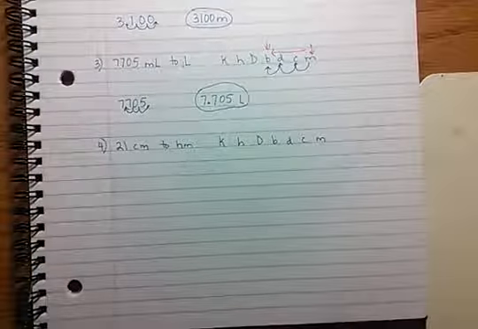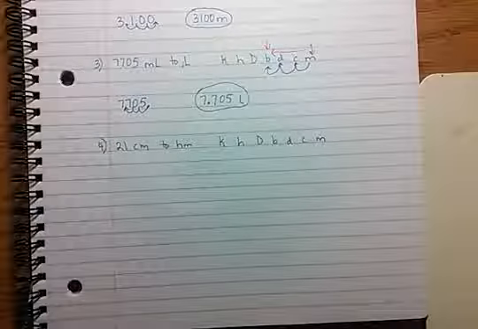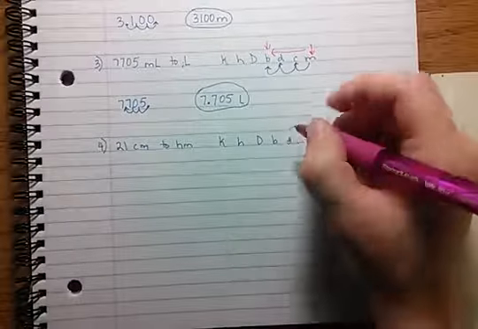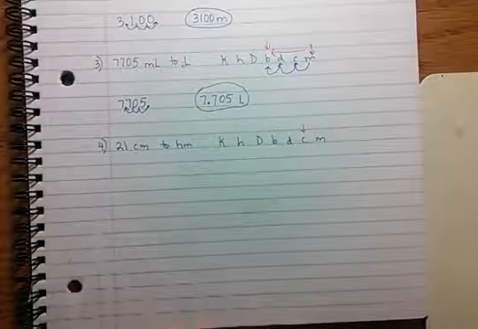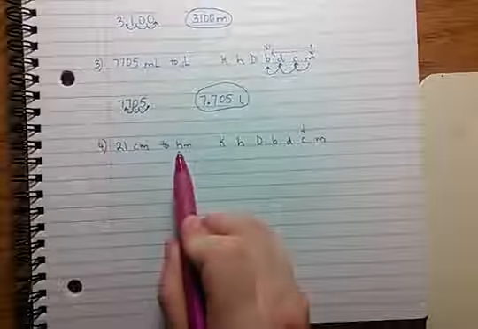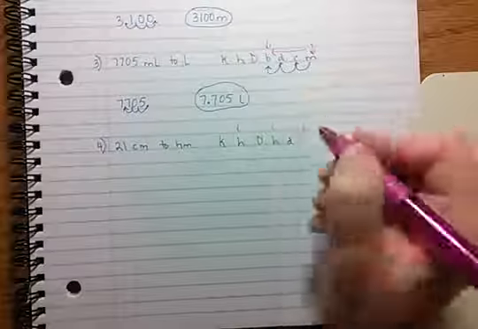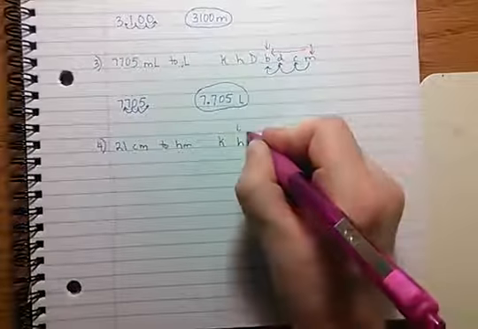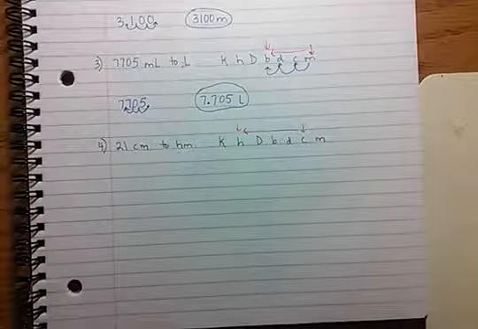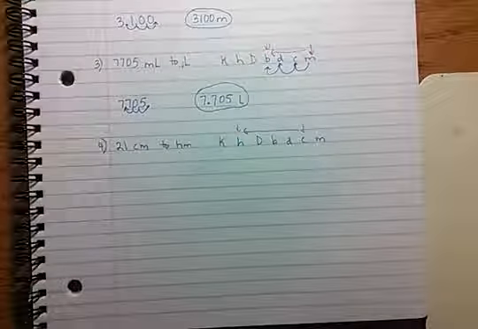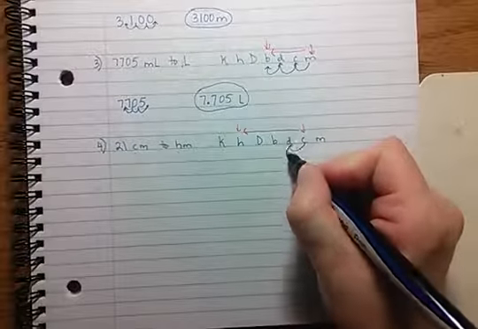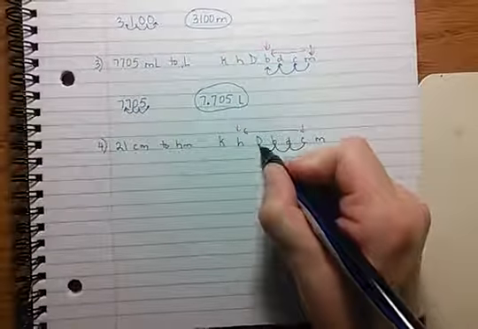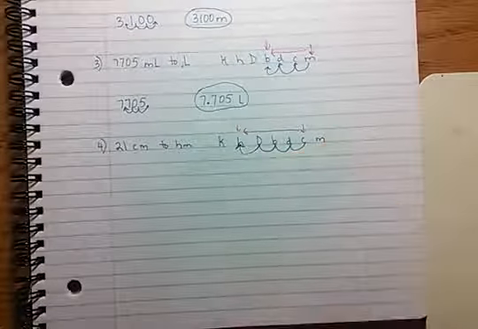Which letter are we starting at? We are starting at C, and we are ending at H. So we're moving the decimal over that way. How many places is that? So we're going over 1, 2, 3, 4 places.